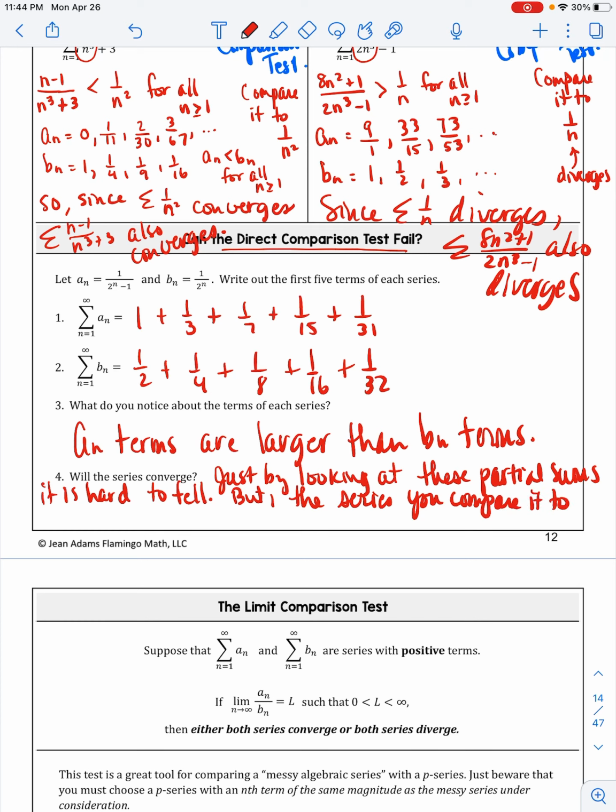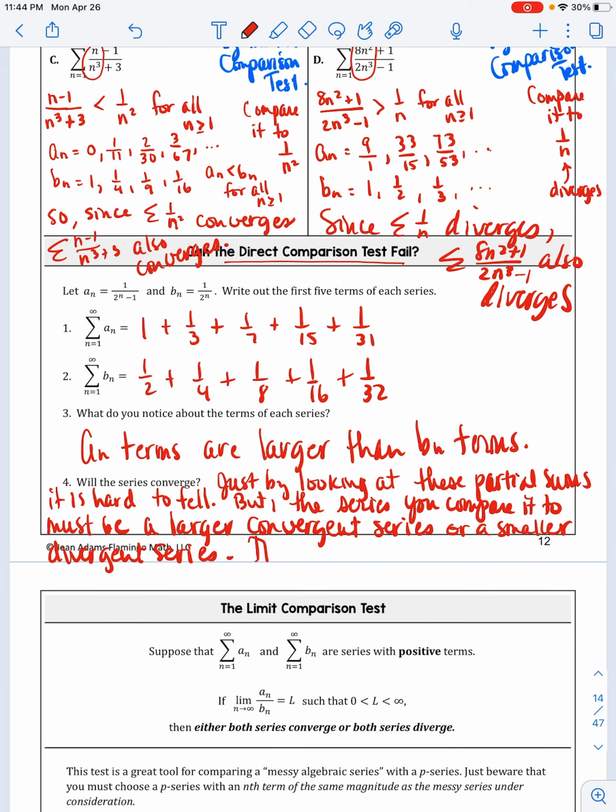But the series you compare it to must be a larger convergent series or a smaller divergent series.